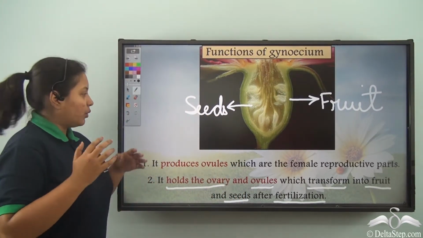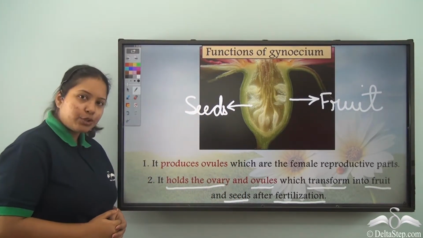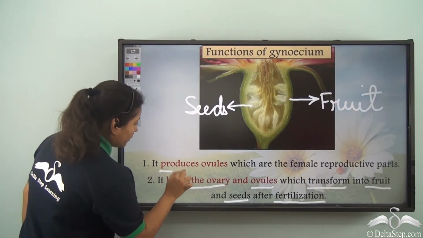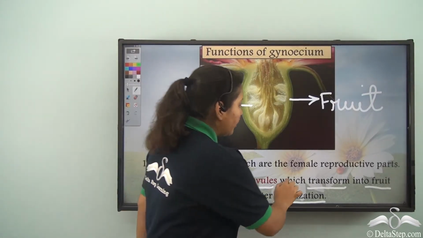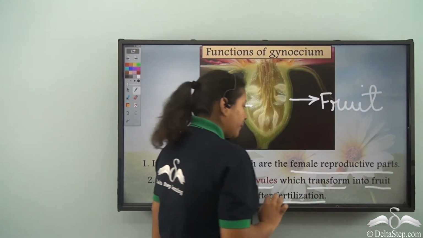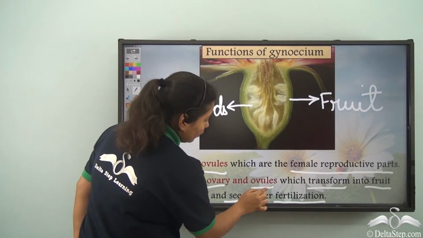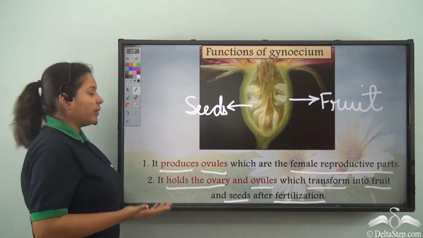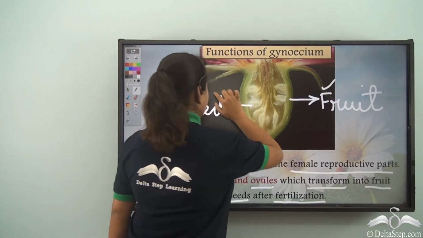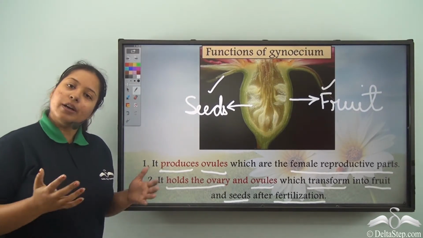So, what are the functions of the gynoecium? Well, it produces ovules, which are the female reproductive parts, and it holds the ovary and ovules, which transform into fruit and seeds after fertilization.